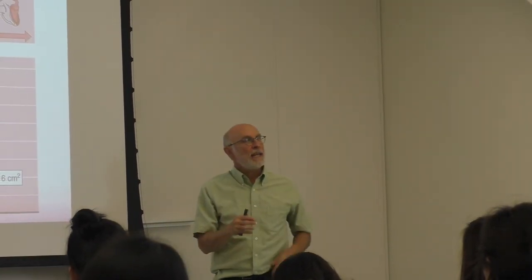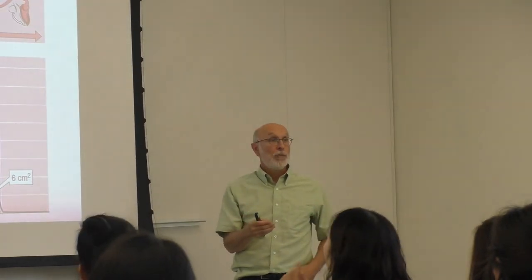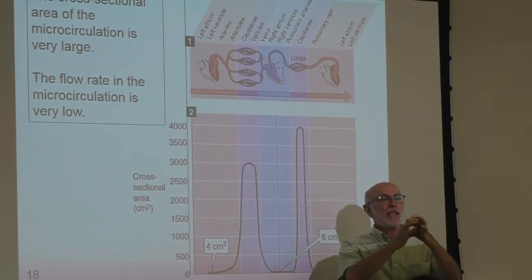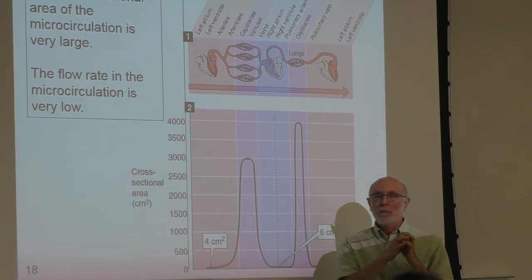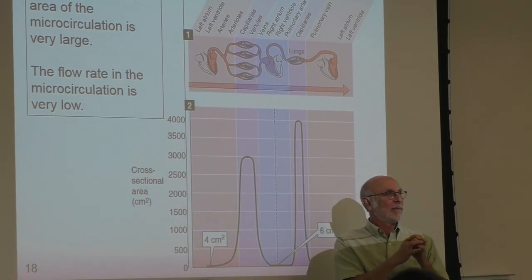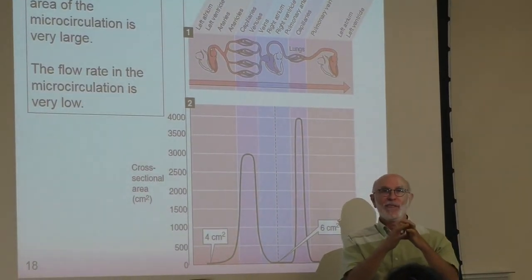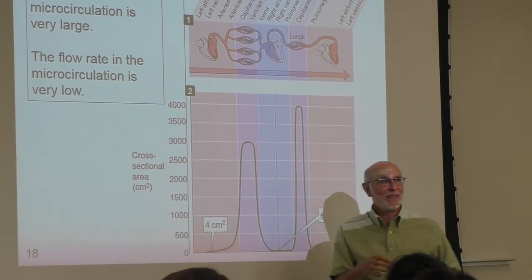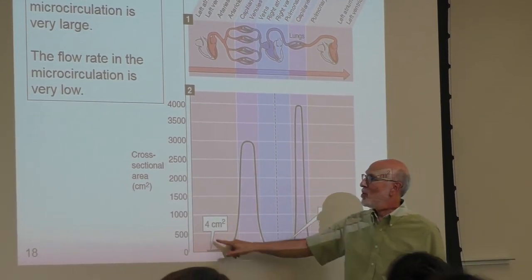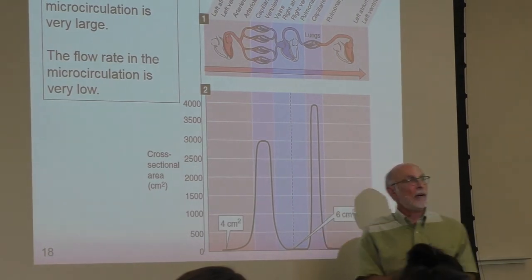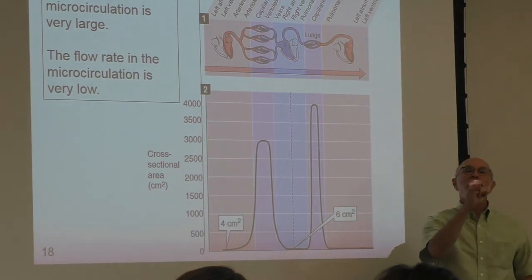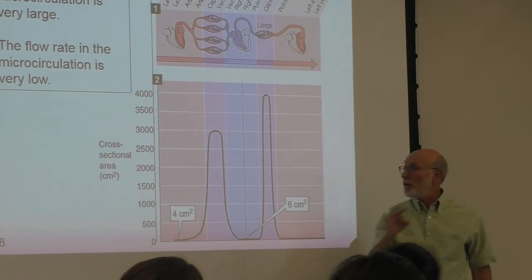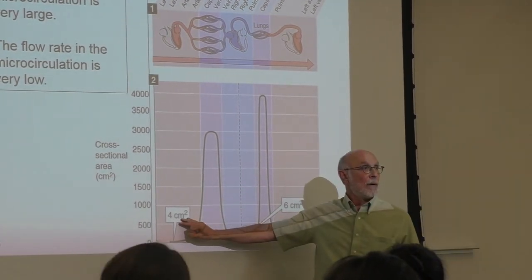Let's talk about the size of these tubes. So, a tube has a cross-sectional area, right? Pi r squared. The area of a circle. Some of you might hopefully remember this from grade school. So the cross-sectional area of the aorta, which we'll probably see in lab today, is about 4 square centimeters.